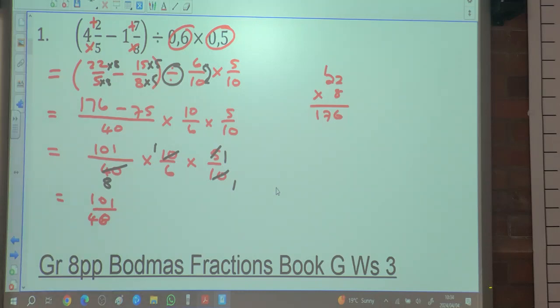Who got that answer? Answer 4. 101 over 48 is correct. Okay.